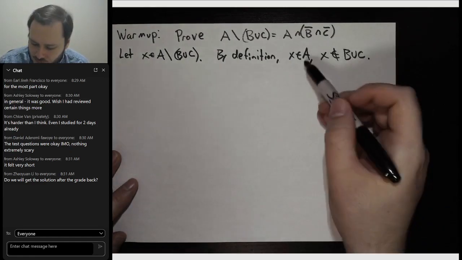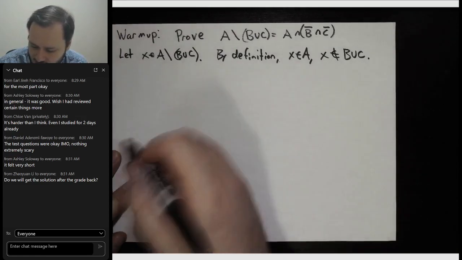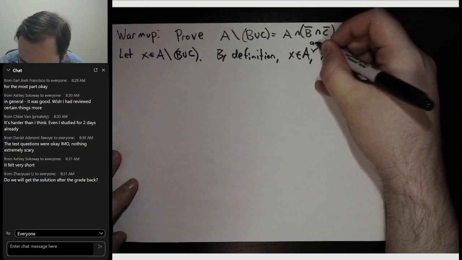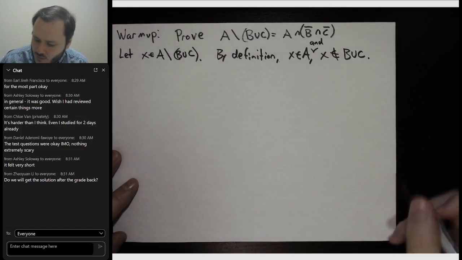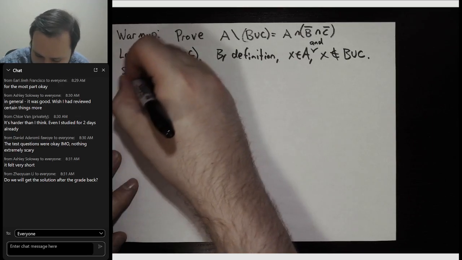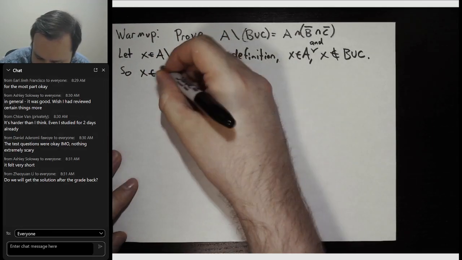And now, not a lot to do with x is in A, but if x is not in something, maybe I'll put an and in here. If x is not in something, then x is in the complement. B union C complement.